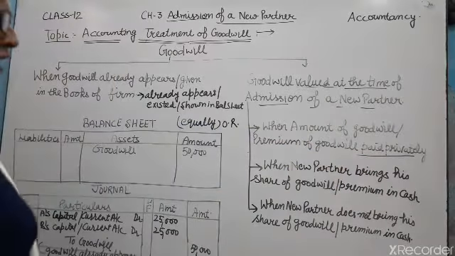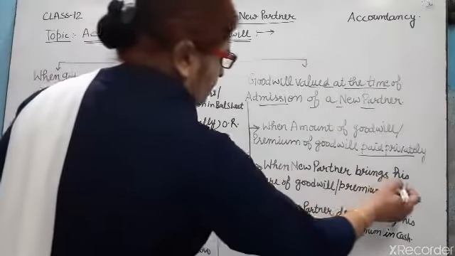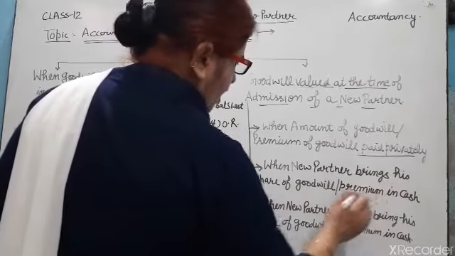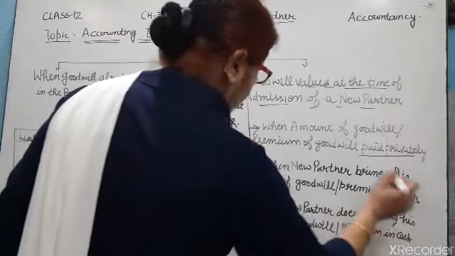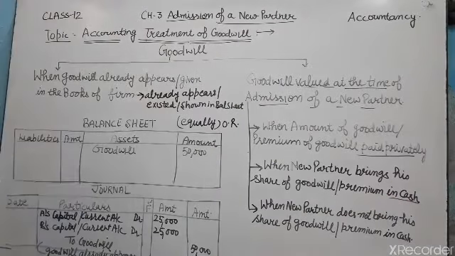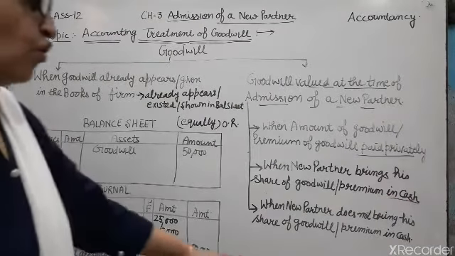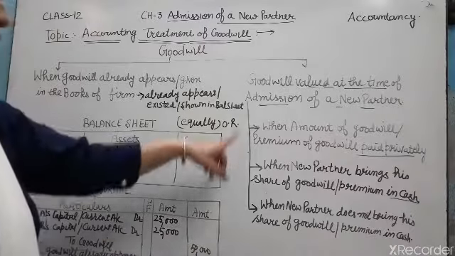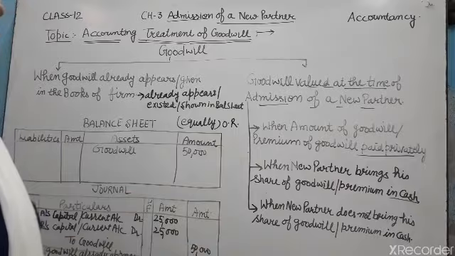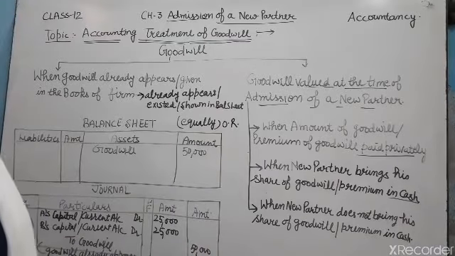Second, the new partner brings his share of goodwill or premium for goodwill in cash. And third, the new partner does not bring his share of goodwill in cash. These are the three situations for treatment of goodwill at the time of admission of a new partner.